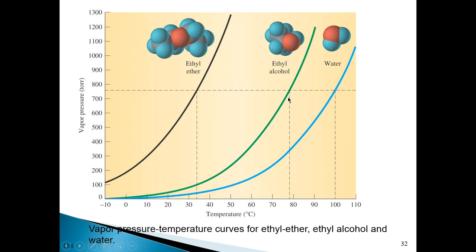In the case of ethyl alcohol, that's about 78 degrees Celsius. And of course, in the case of water, that's 100 degrees Celsius, right? So that's how you can determine the boiling points for different liquids if you make a plot of the vapor pressure of the liquid versus the temperature of that liquid.